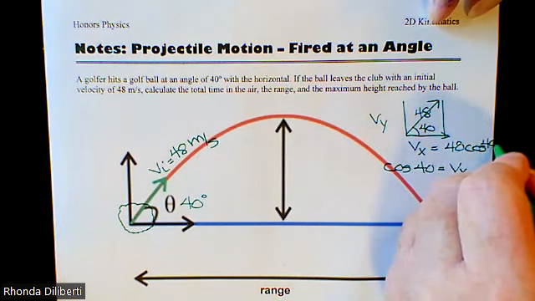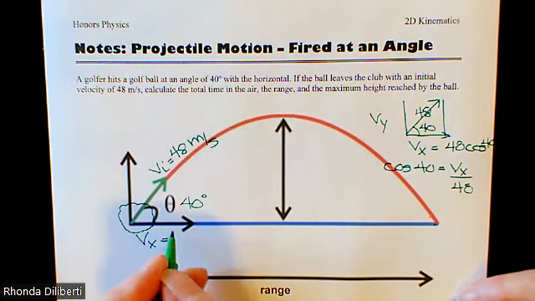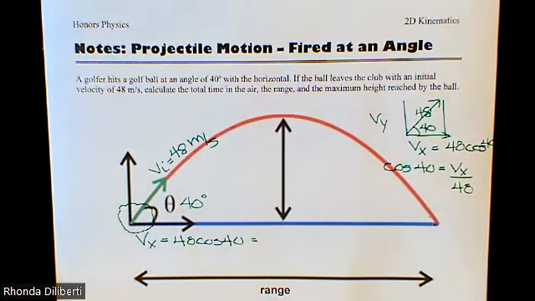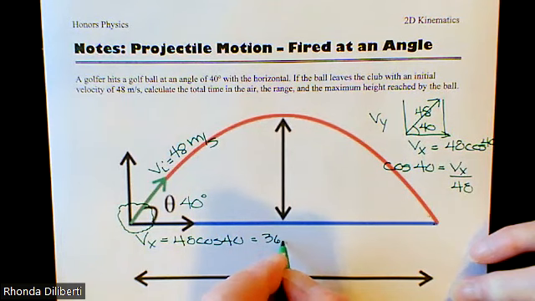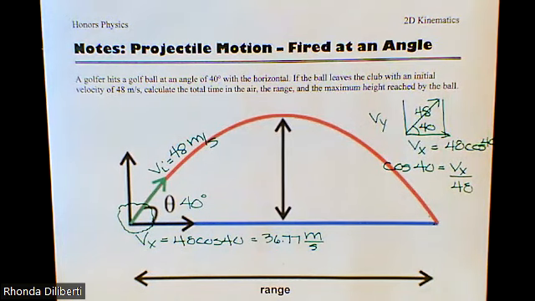So Vx is 48 times cosine of 40. Number crunching that on the calculator, we get 36.77. So I have 36.77 meters per second happening in the x direction.